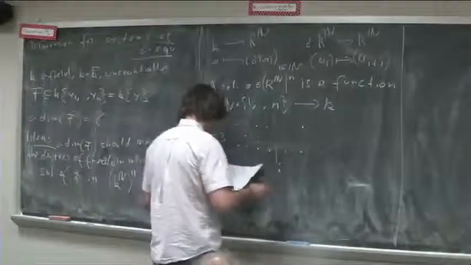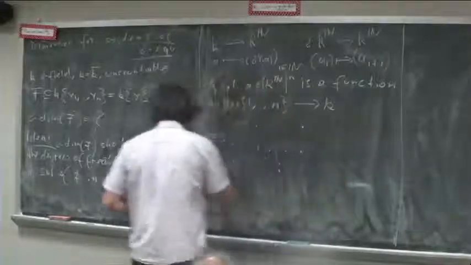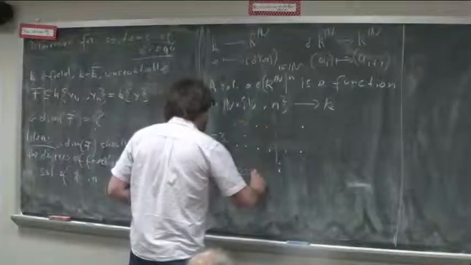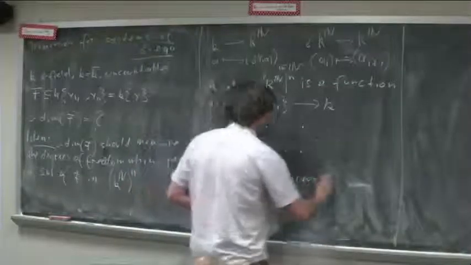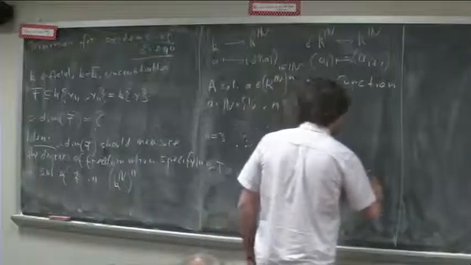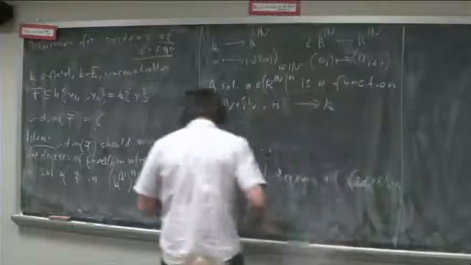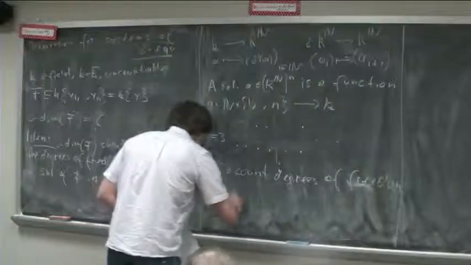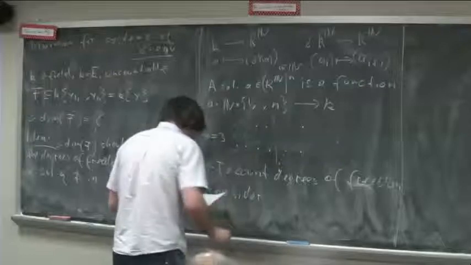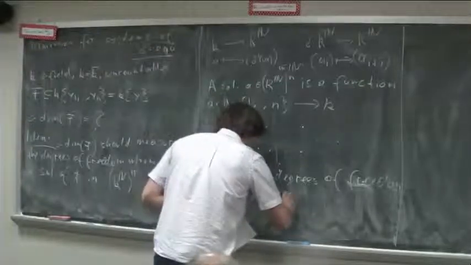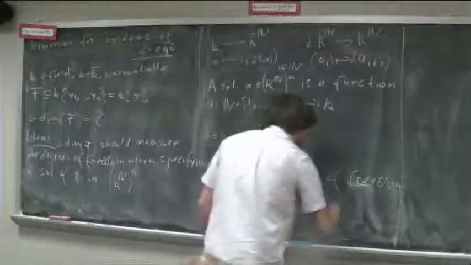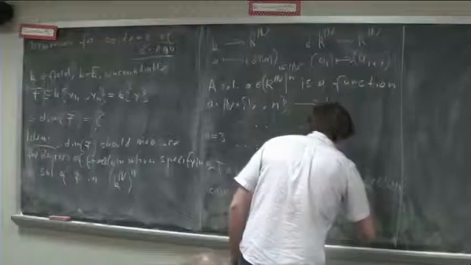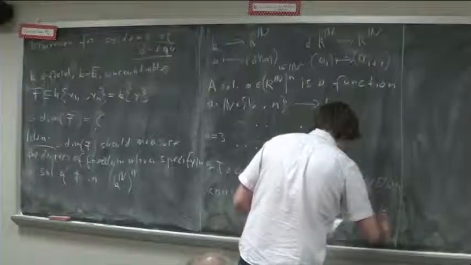So to count degrees of freedom, we consider now just the functions from 0 up to I, and 1 to n to k.